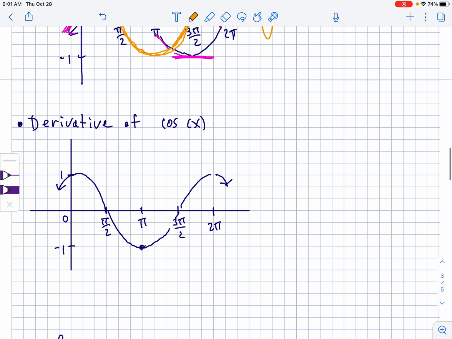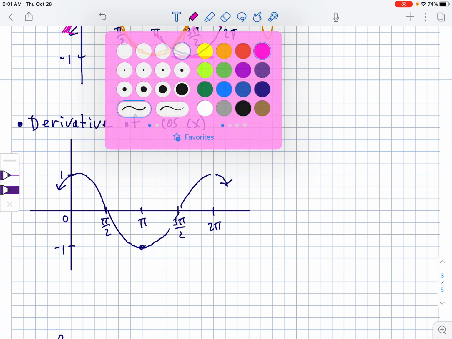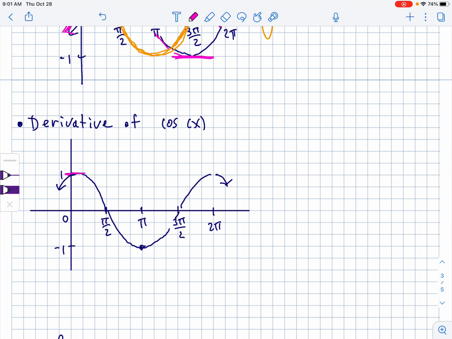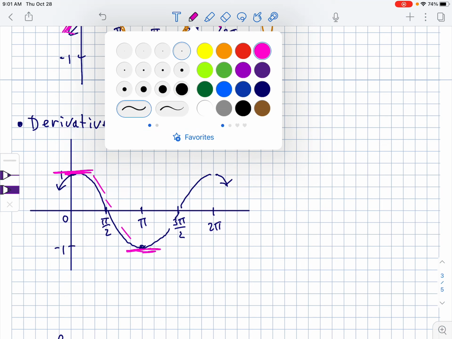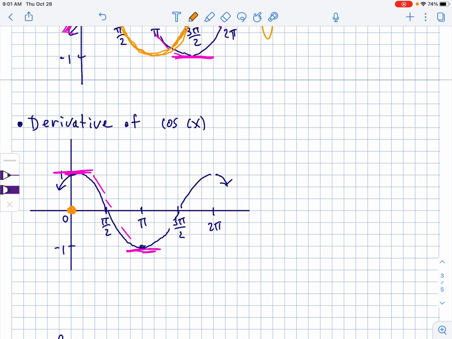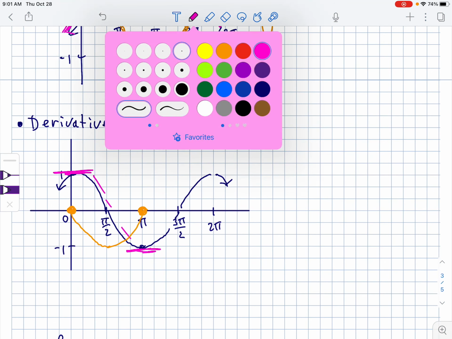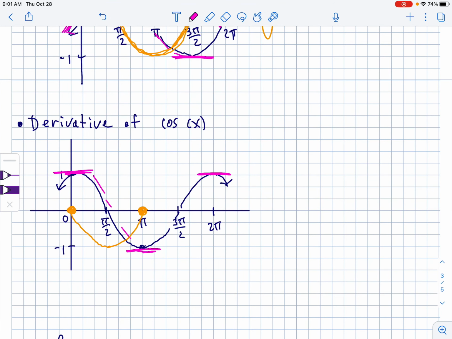It's very similar if you look at the slopes with the derivative of cosine. The slopes start off at 0, and then they go negative, negative, negative until they hit 0 at pi. So if they start at 0, and then they come back at pi, that means that this goes and comes back, and then at this turning point right here, they're going to hit 0 again.